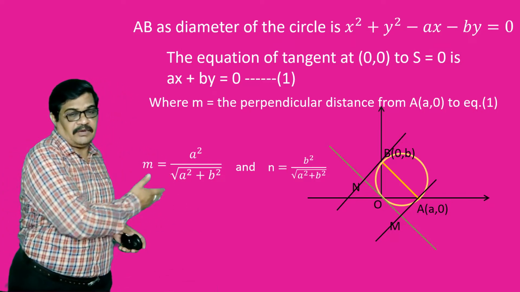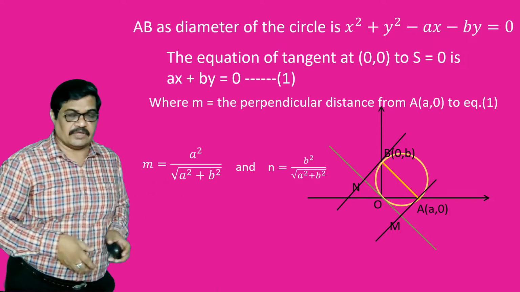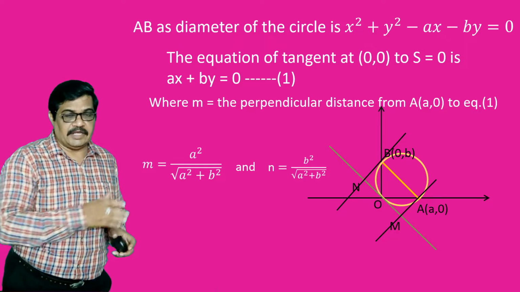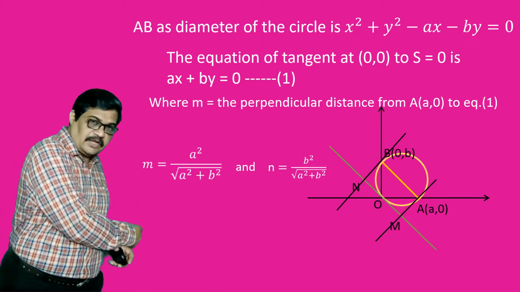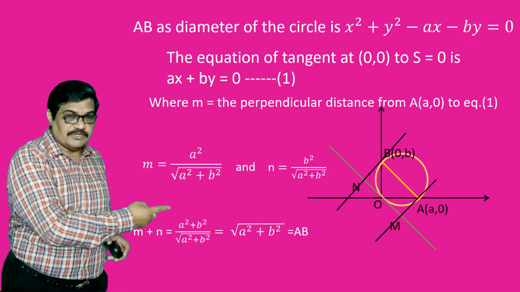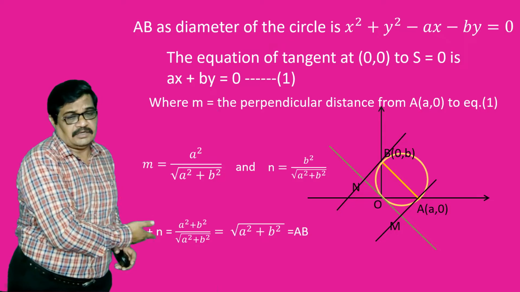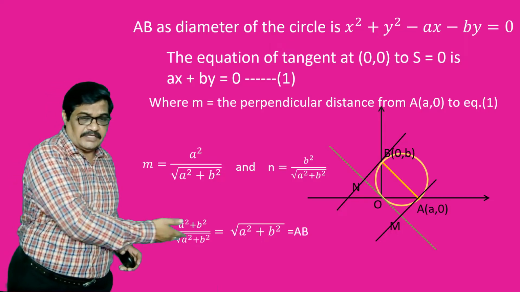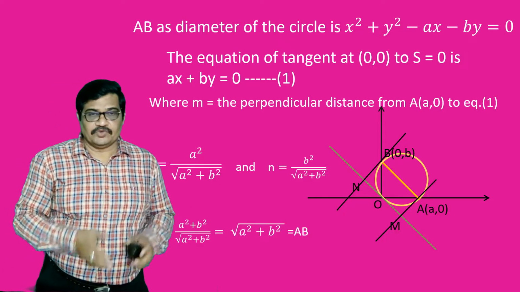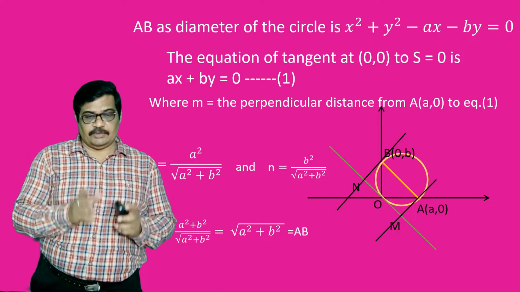Using the distance formula, n is b square by root of a square plus b square. So now we are calculating m plus n. Okay, here we are calculating m plus n. M plus n we are getting a square plus b square by root of a square plus b square. From that we are getting root of a square plus b square.